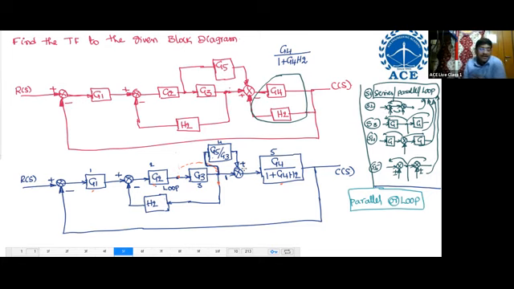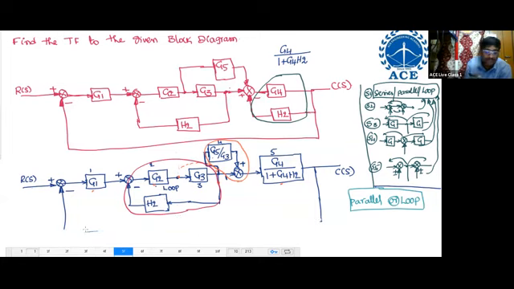If we simplify, what will I get? Tell me. This is a loop. This is a parallel. What is the answer for this loop? Get the answer for this loop.